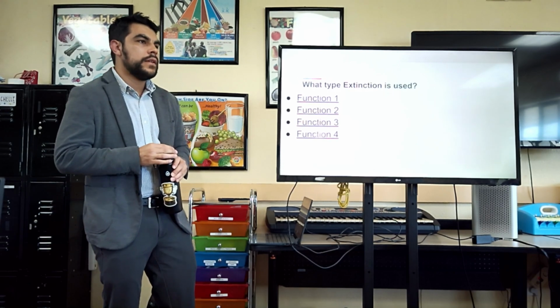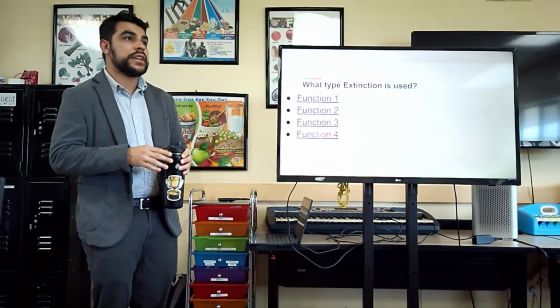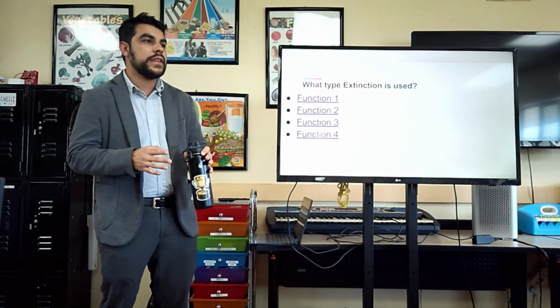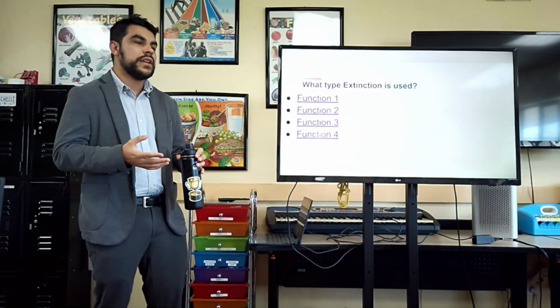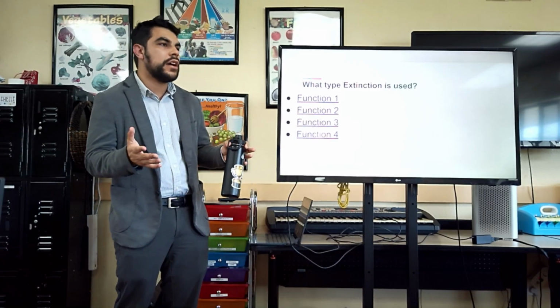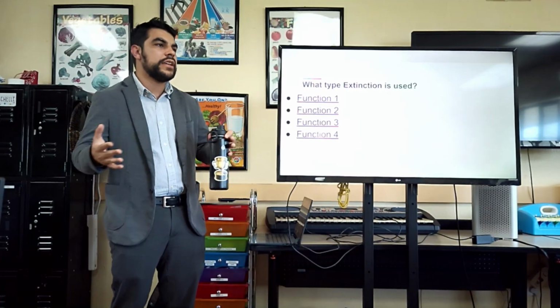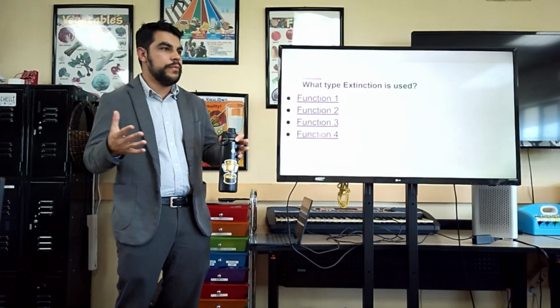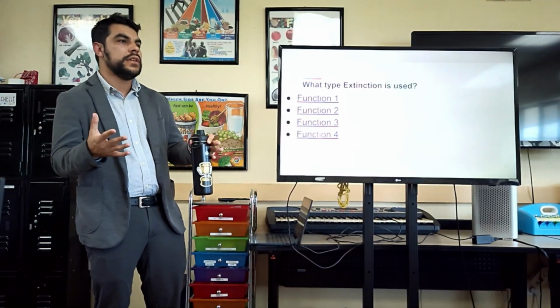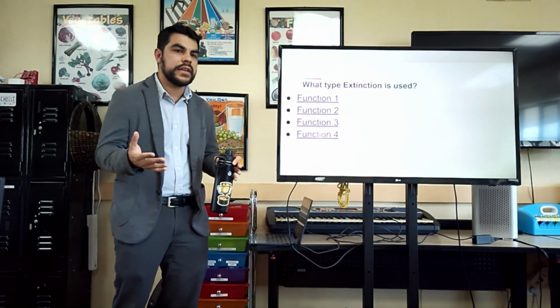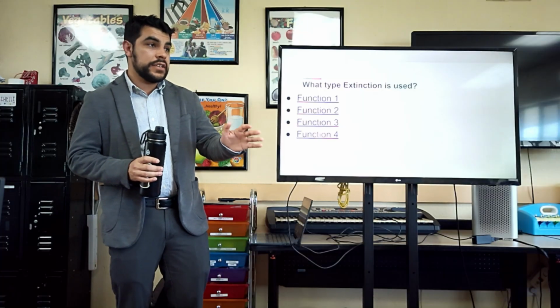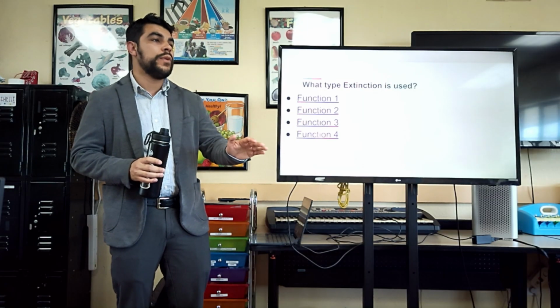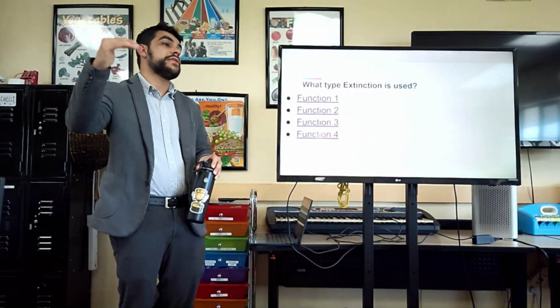Extinction can only be used, Willie, when it's appropriate. Just like we wouldn't always use a token economy, token board, or backwards chaining, it's just one of the many options we have when developing a behavior intervention plan. We do not want to implement it when the problem behavior is very severe.